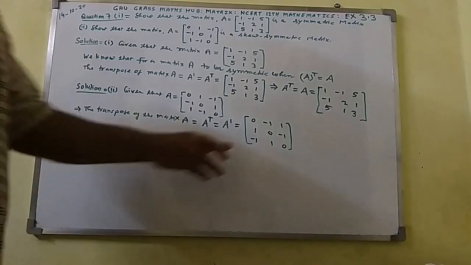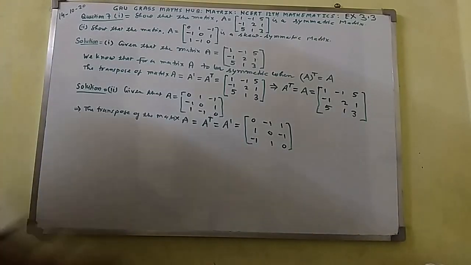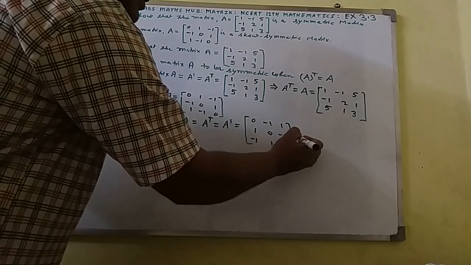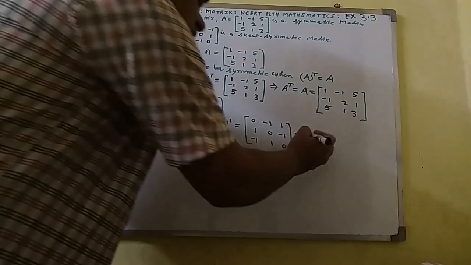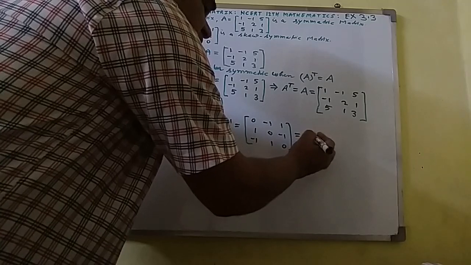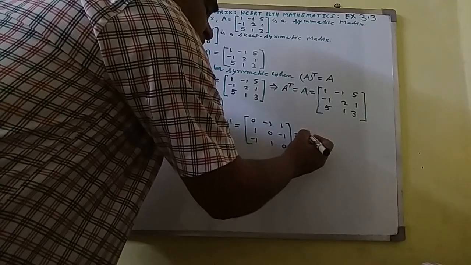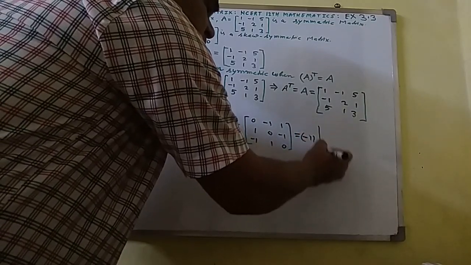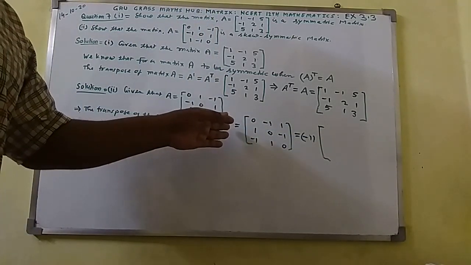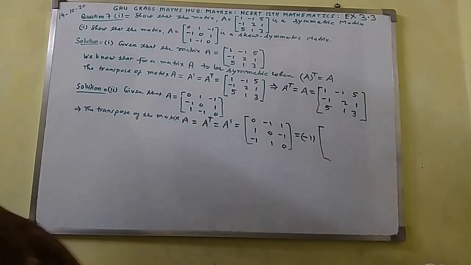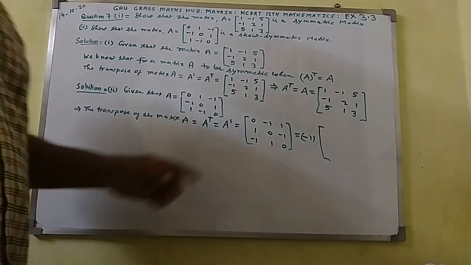Now from this matrix I shall take minus as common. So here I shall write minus A. Take minus 1 as common. Each element of the transpose of the matrix A will be affected.